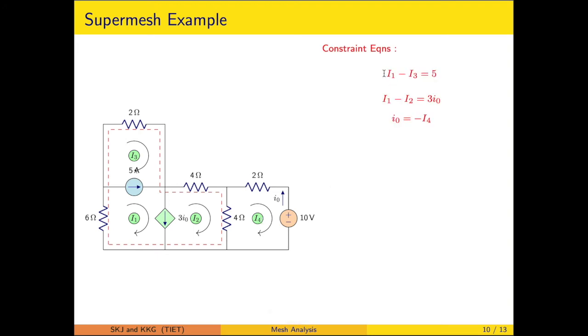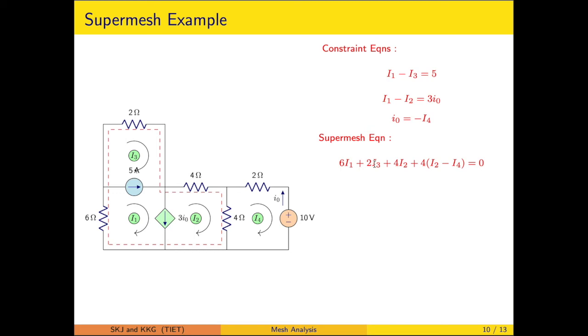Constraint equation: I1 minus I3 is equal to 5. Another one is I1 minus I2 is equal to 3 I0. I0 is equal to minus I4. Supermesh equation, we have started likewise: 6 of I1 plus 2 of I3 plus 4 of I2 plus 4 I2 minus I4, that is equal to 0.